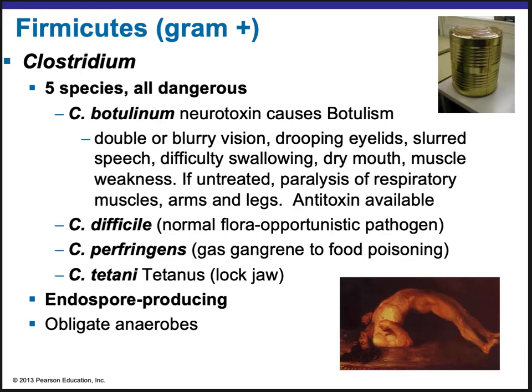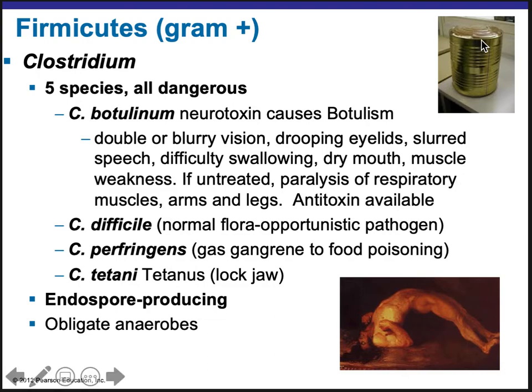Now, one of the most common ways that people get this infection is from canned foods that have gone bad, or something broke down in the canning process, because the canning process should kill every and any bacteria, including endospores.